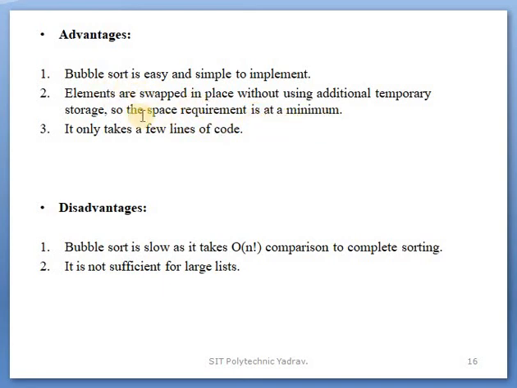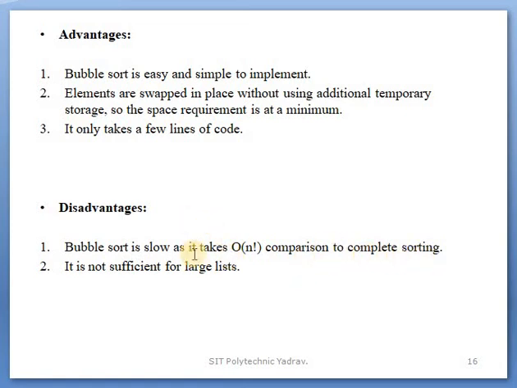That means when swapping is used, no extra temporary storage is used. It only takes a few lines of code, and these are the few lines of code. These are the advantages.